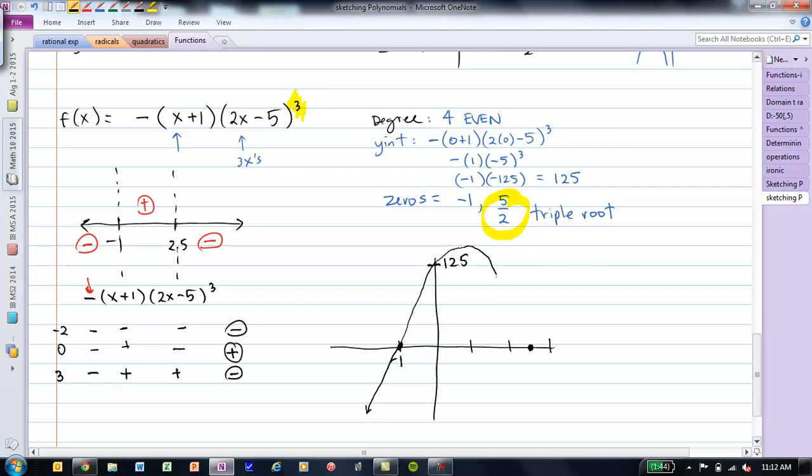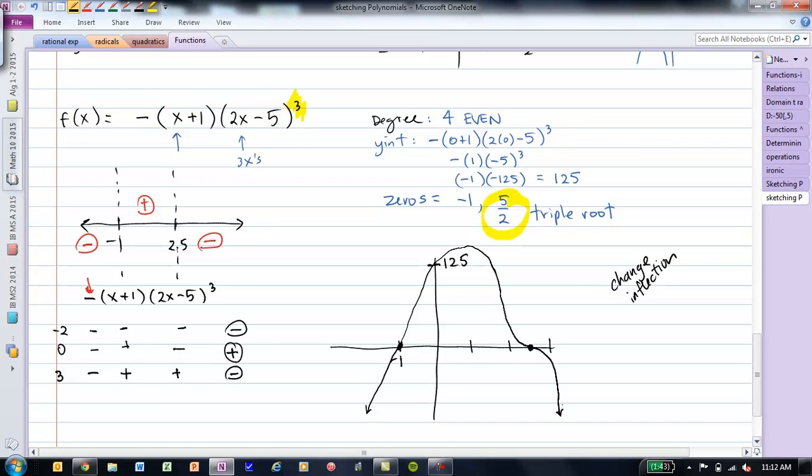All right, now as we turn back and come down to the 5/2, that's a triple root. A triple root means that you're going to change inflection. What that means is that the curve is going to change shape. So it comes down towards the dot like it's holding water, goes through the dot and switches, so now it's like pouring water.